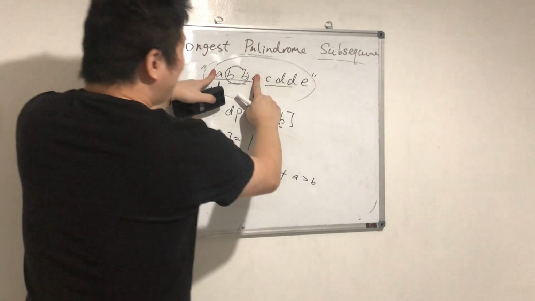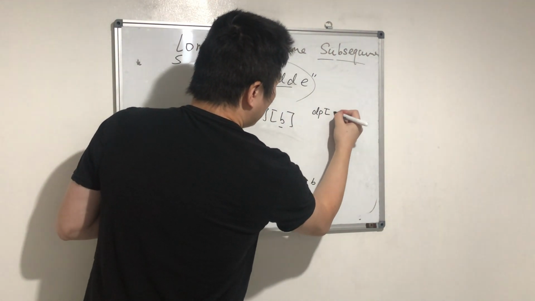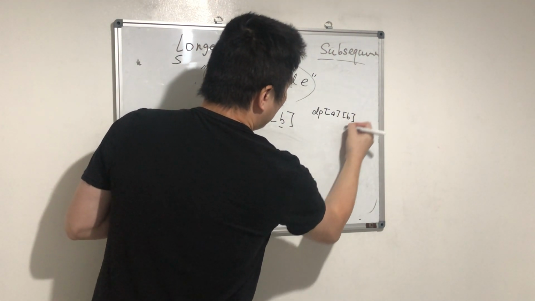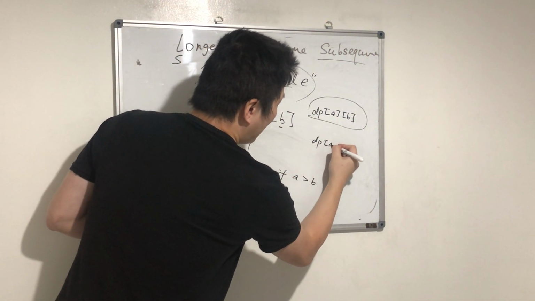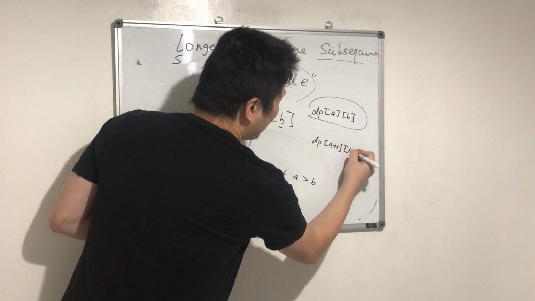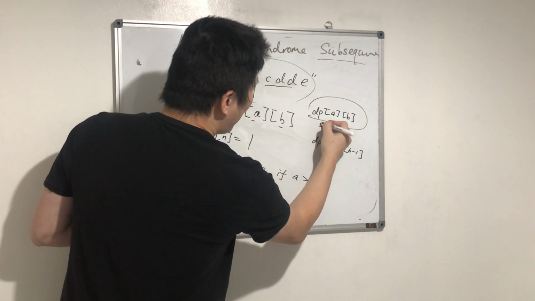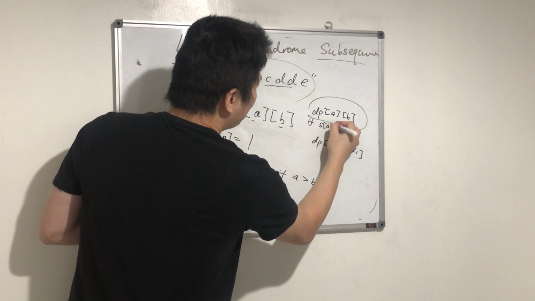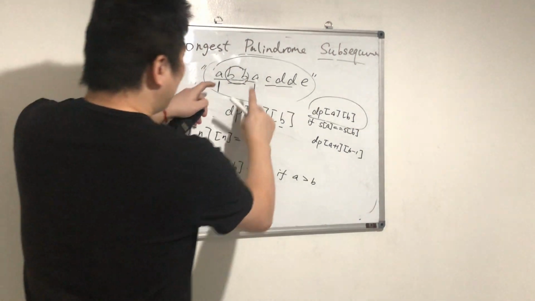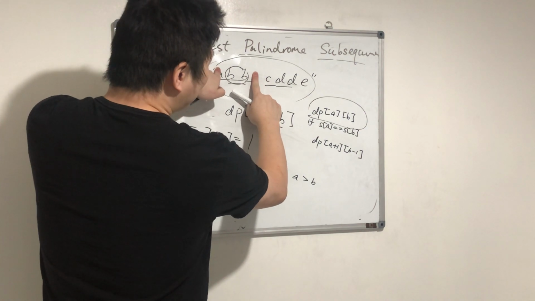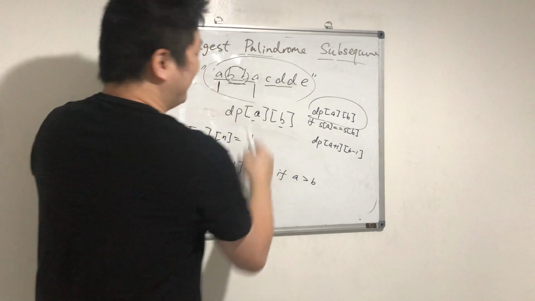So it means that, look, what's the relation between dp[A][B] and dp[A+1][B-1], which is this way? If S[A] equals S[B], if these two characters are equal, what's the relation between dp[A][B] and dp[A+1][B-1]?